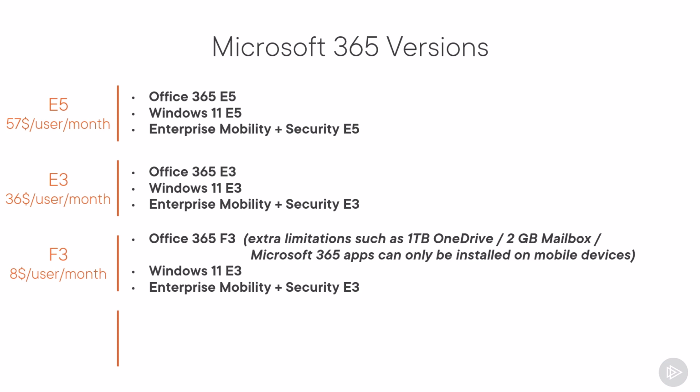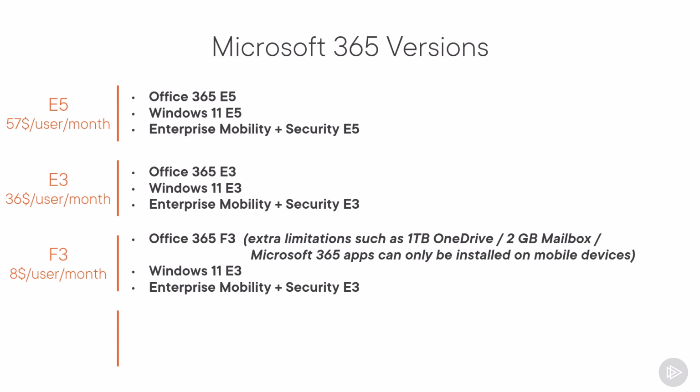But Microsoft also has cheaper offerings for field workers, and those will be starting with an F. So the first one is F3, which goes all the way down to $8 per user per month. This includes Office 365 F3, which is a version of Office 365 that still has access to all of the different Office 365 services, but more limitations.